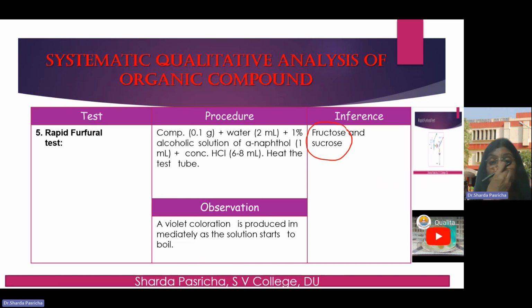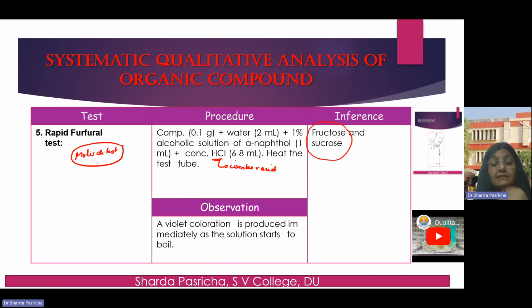Now, if you notice, this test is very similar to the Molisch test that we have discussed as the general test for carbohydrates. The only difference here is that concentrated sulfuric acid in the Molisch test is replaced by conc HCl, which is a comparatively weaker acid than conc sulfuric acid.